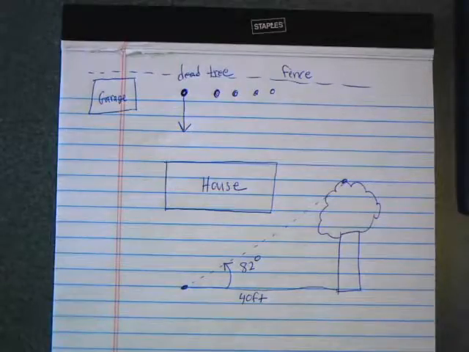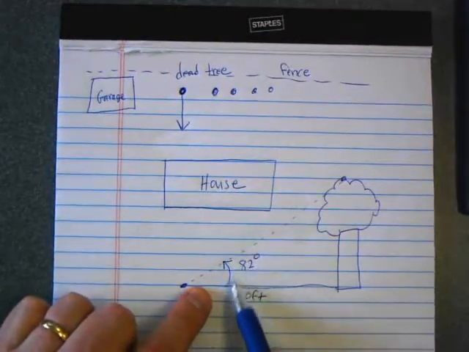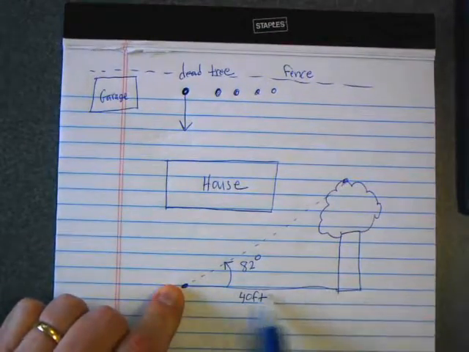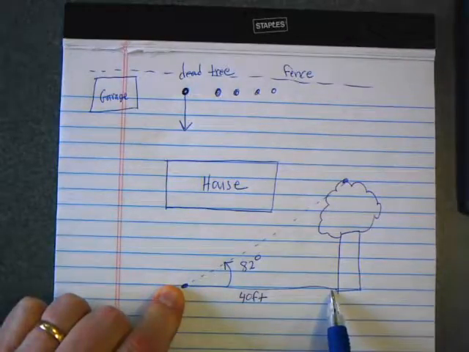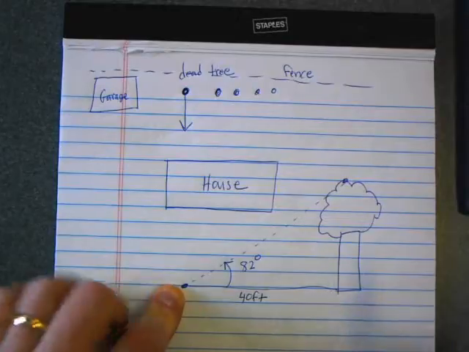How tall is that tree? Well, what do I have? I have this angle, 82. And then what's this side? The side is adjacent. And what do I want?